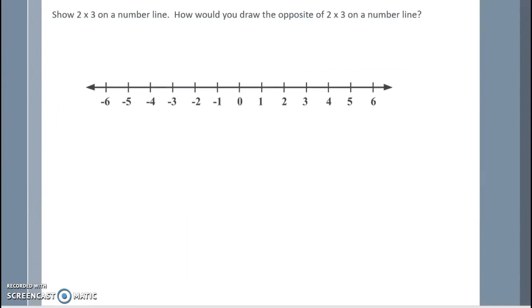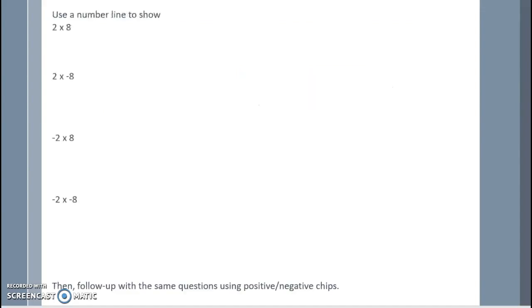Show 2 times 3 on a number line. How would you draw the opposite of 2 times 3 on a number line? So 2 times 3 is 2 copies of 3. And then the opposite would be subtracting 2 copies of 3. So let's use a number line to show 2 times 8 and 2 times negative 8.